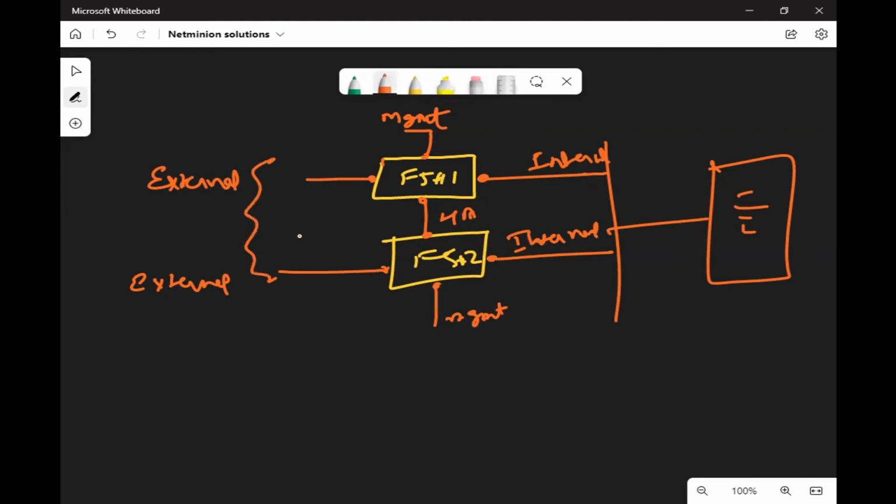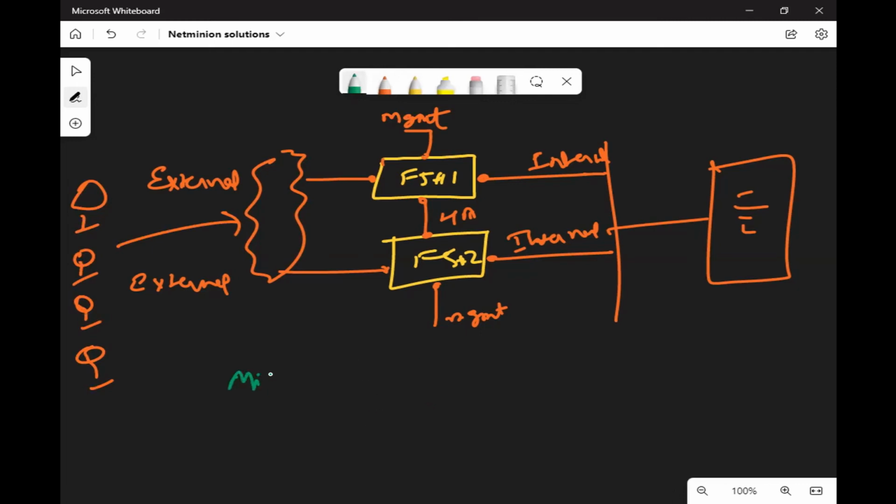And this side, let it be a cloud, and the clients are coming from either the internet or externet, I would say. So if I ask how many ports, what would be your answer? 4 ports: internal, external, management, and HA.